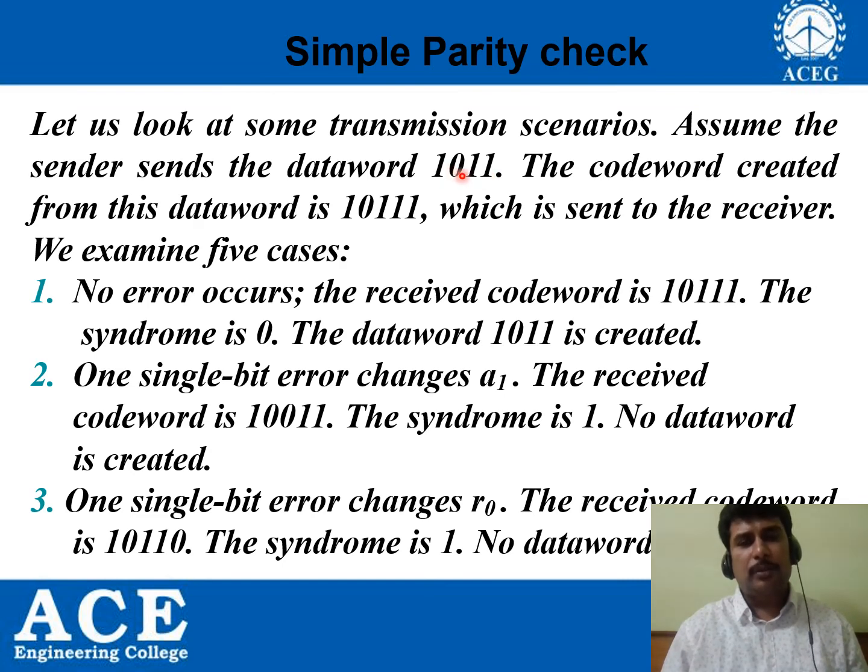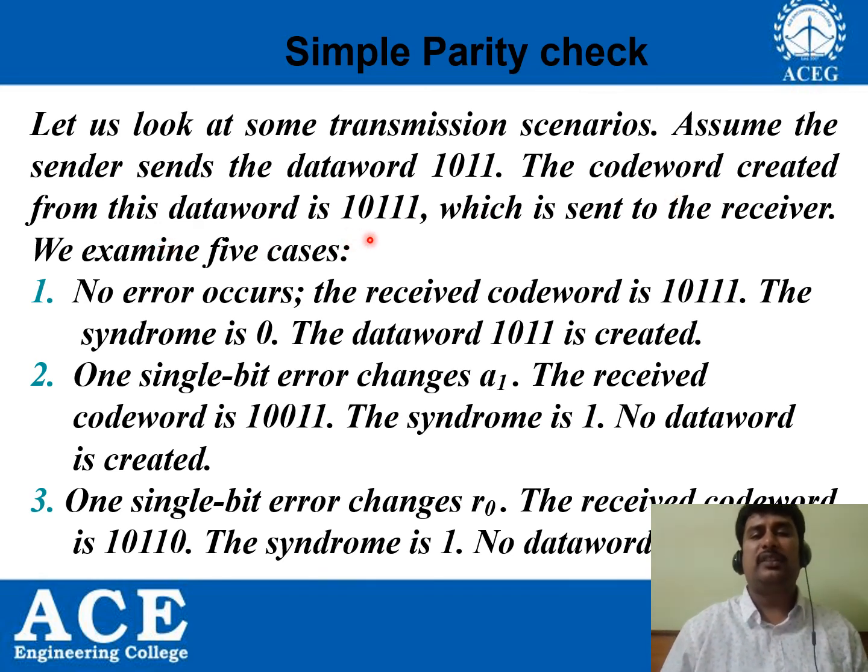Here the total number of ones in the data word is 3, which is odd, but our required scenario is even. So the R value should be 1. So the code word sent from the sender to the receiver is 10111. Now we can observe different scenarios.